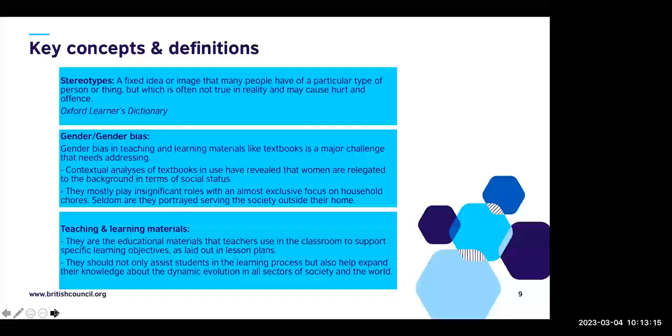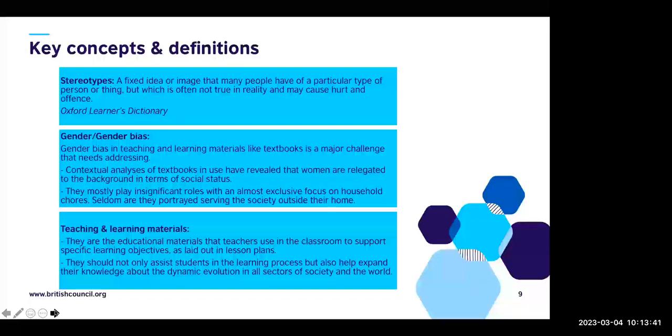They mostly play insignificant roles with an almost exclusive focus on household chores. Seldom are they portrayed serving the society outside their home. We'll see that later with the example of books that we have selected and through the images inside, which are unfortunately in current use in our system.